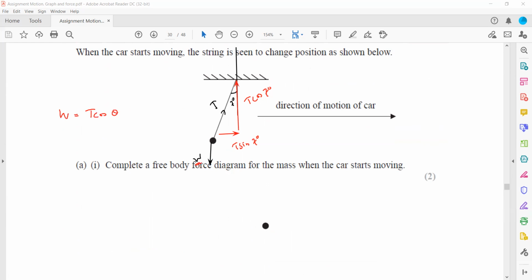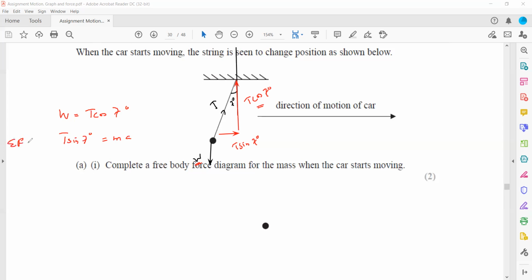And the angle theta is 7, so W is equal to T cos 7. And what about T sin 7? That is responsible for the acceleration, so T sin 7 is equal to MA.